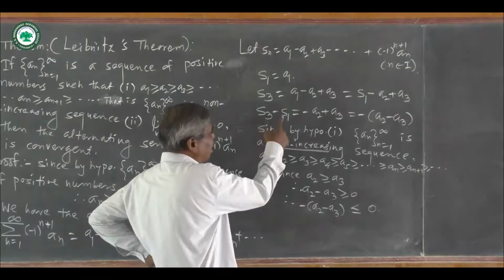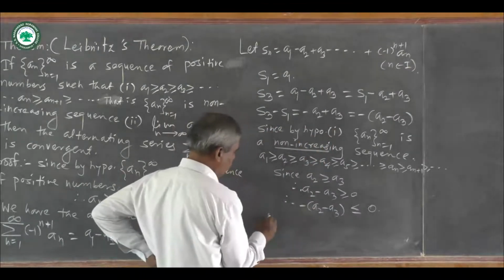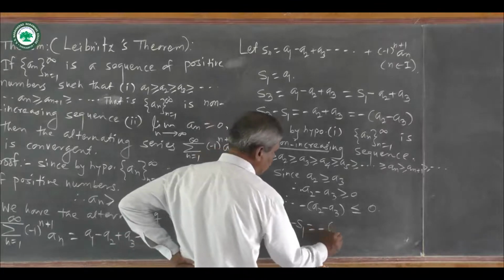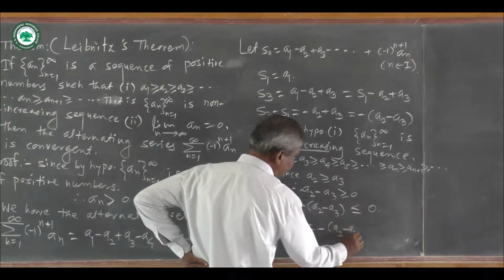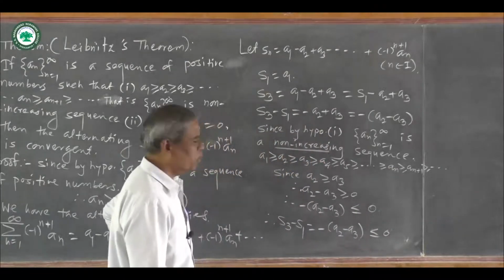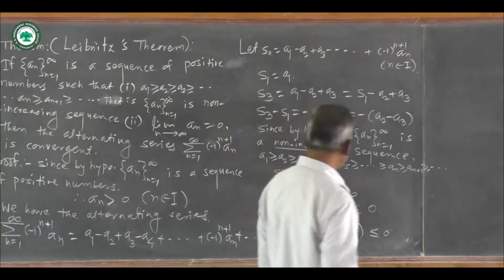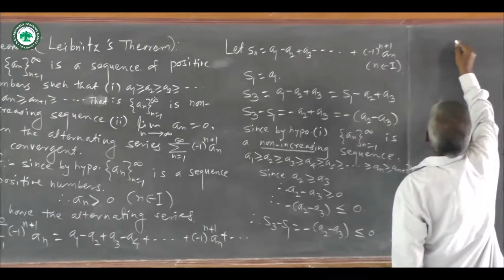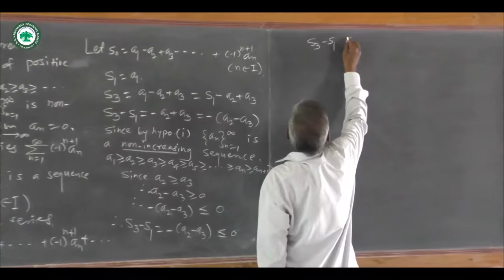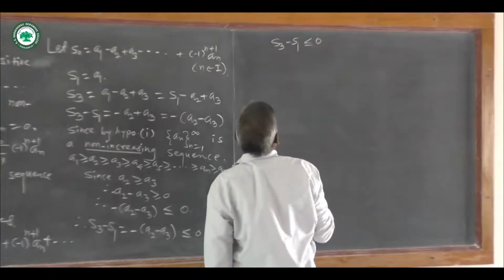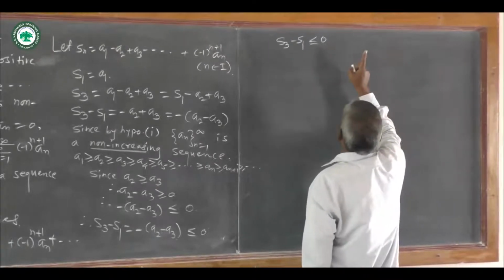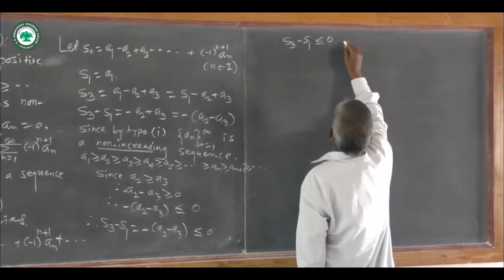Therefore, S3 minus S1, which is equal to minus (A2 minus A3), is less than or equal to 0. S3 minus S1 is less than or equal to 0. That is, S3 is less than or equal to S1.